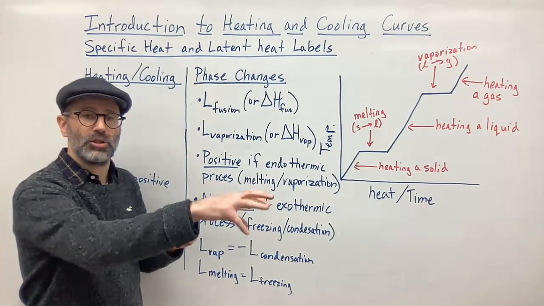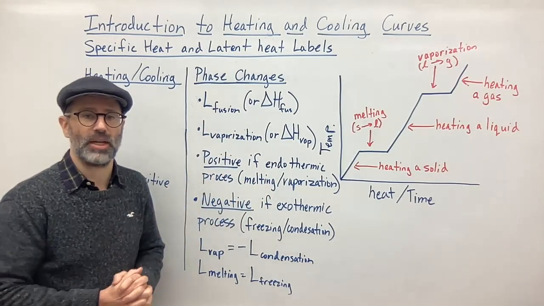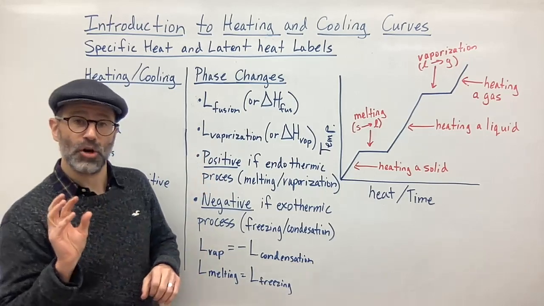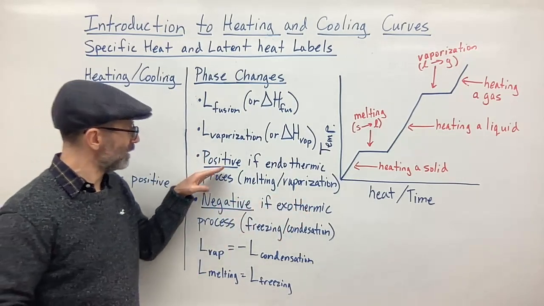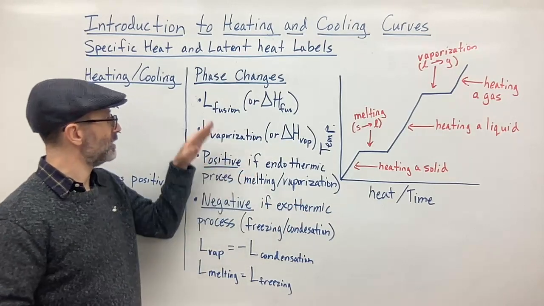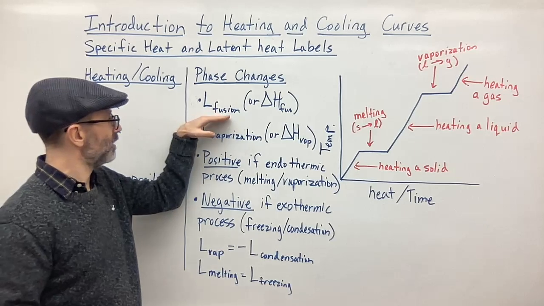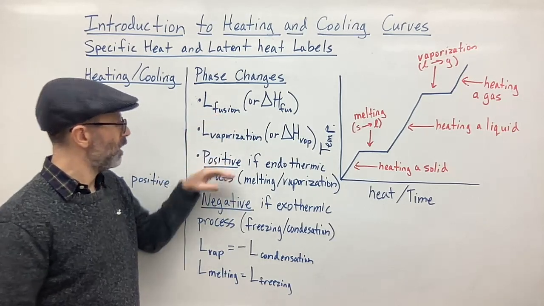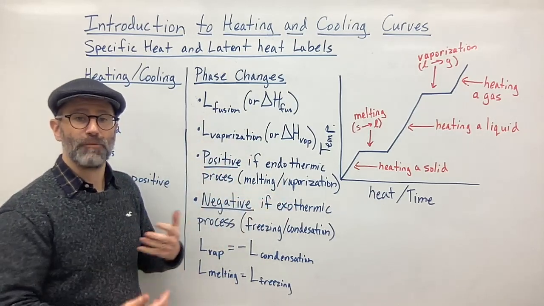Heat is going into the system or into the substance, whatever system you're looking at. So in this case, endothermic, therm, energy, heat going into, that's going to be positive. So the latent heat of fusion and the latent heat of vaporization are going to be positive because you have to put energy in to get fusion to occur.